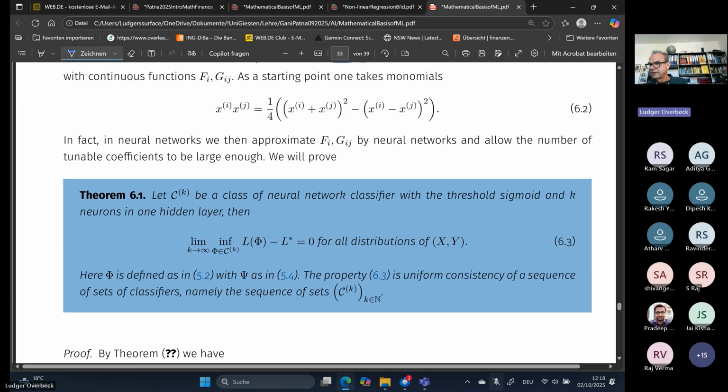Somebody told you, or you believe it, or you prove it yourself. Polynomials are dense in the space of continuous functions. Actually, continuous functions are dense in the space of measurable functions, so you only have to show that your specific function class is dense in the space of polynomials.